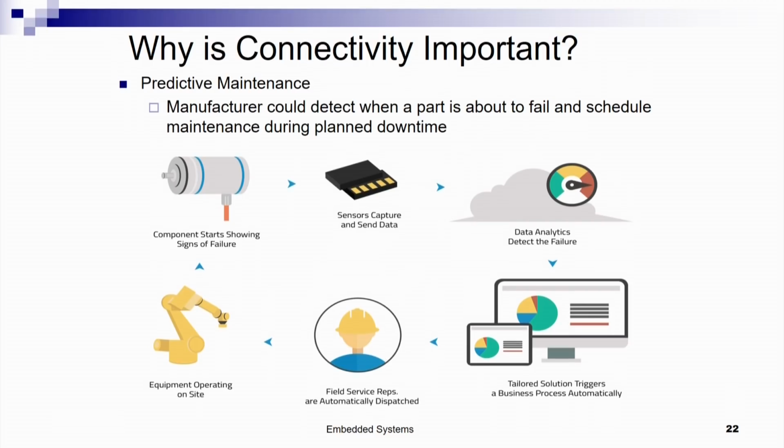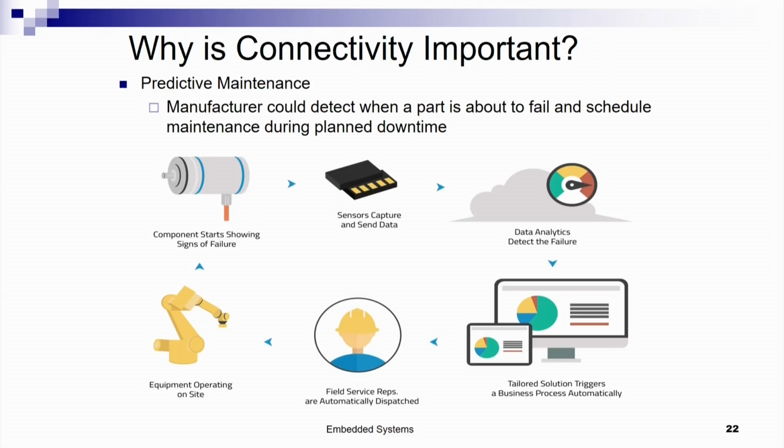Connectivity can also allow predictive maintenance. The manufacturer could detect when a part is about to fail before it actually fails and schedule maintenance during a planned downtime. For example, let us say a certain component in an aircraft starts showing signs of failure.